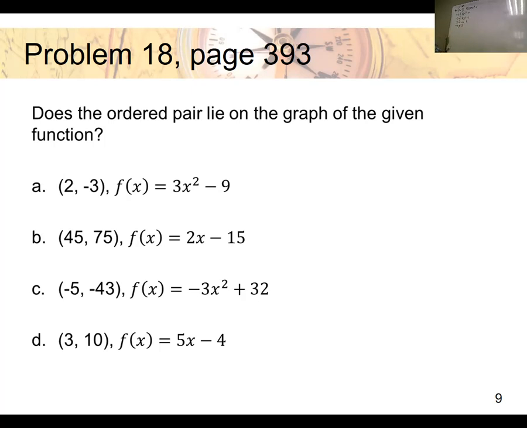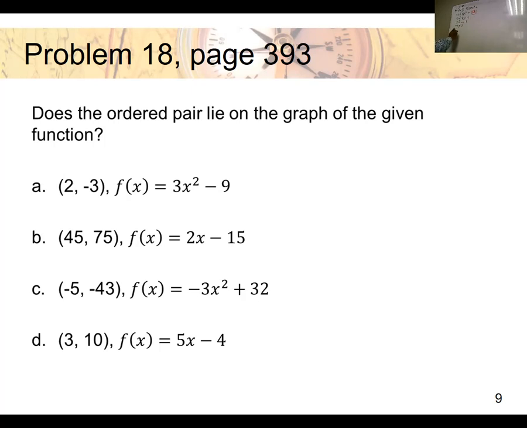Okay. So in this case, the ordered pair 2, -3 does not lie on the graph of that function f of x equal to 3x squared minus 9. Okay. Questions on part A. Okay.